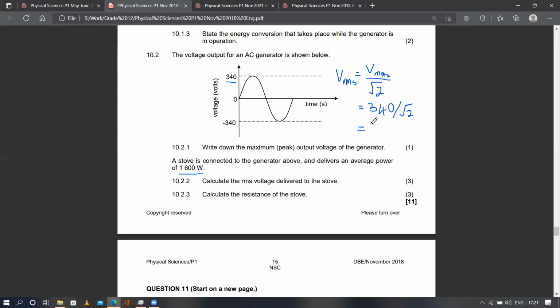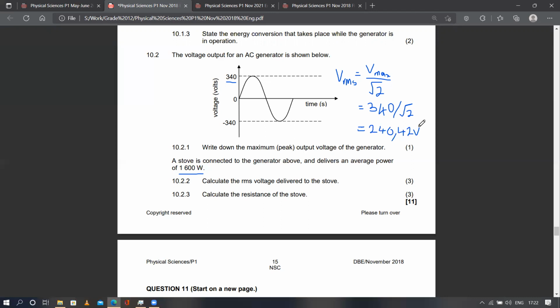That's gonna be 240.42 volts. Honestly, with generators and motors, the calculations are very simple, and when it comes to the theory, you only have to know the right hand rule and the differences between an AC generator and a DC generator. That's basically what you have to know.